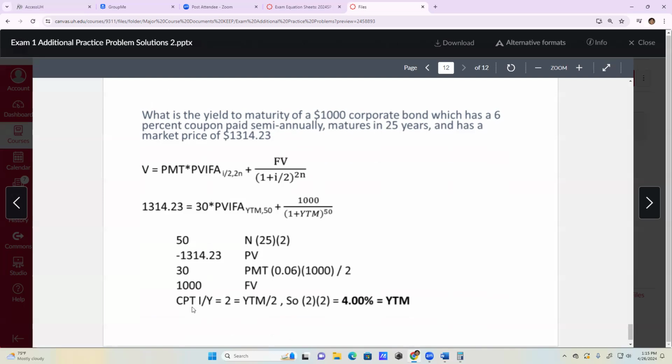Let me try to calculate this. 1 second. 50 for the N, 1314.23 for the negative present value, 30 for the payment, 1,000 for the future value, and hit compute IY. 50 for the N. 1314.23 for the present value. 1,000 for the future value. 30 for the payment.